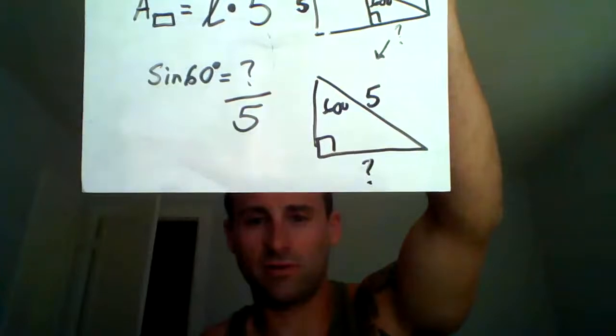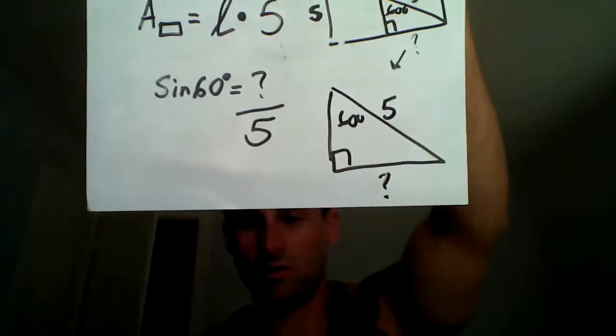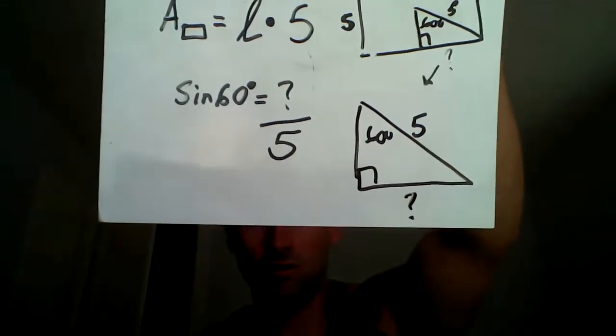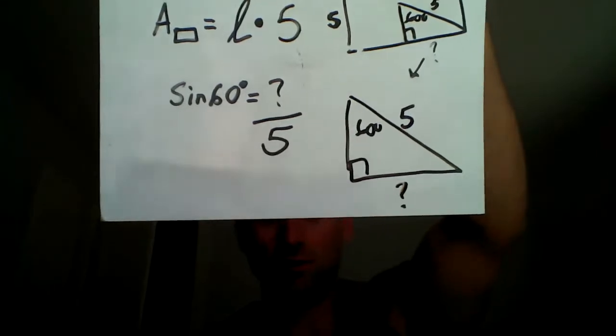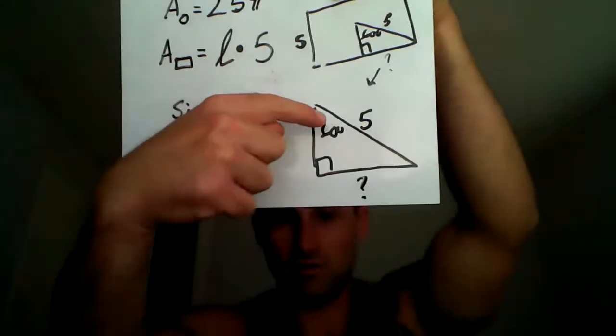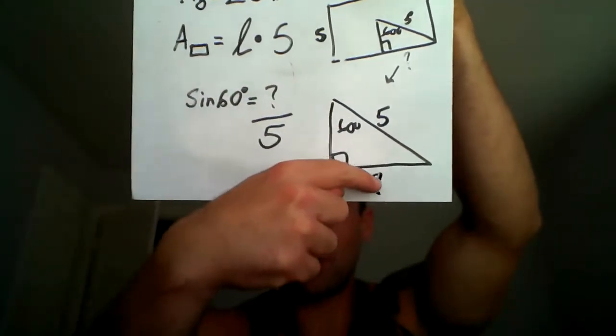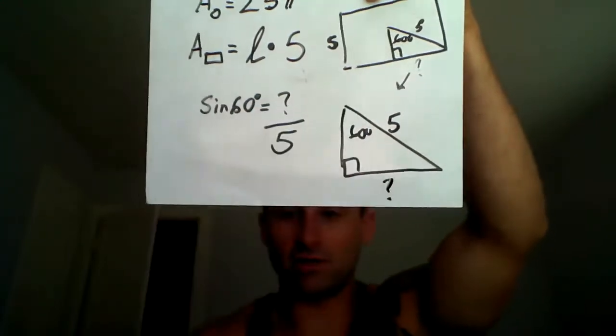So if we stand on 60, good, Amy. Sine, because we're looking for the opposite, and we have the hypotenuse.